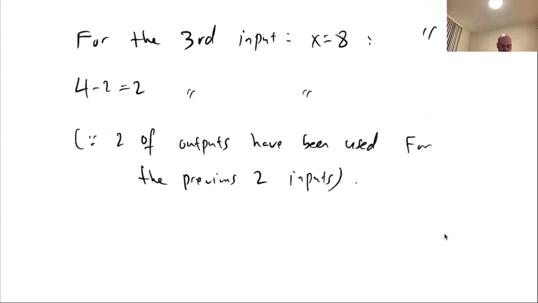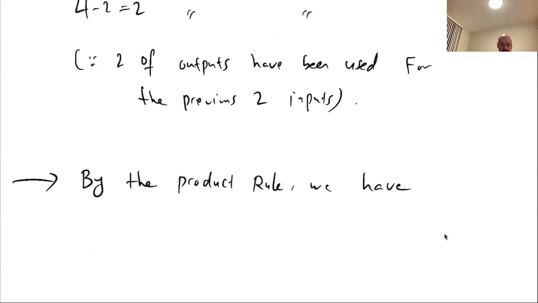So in total, how many? Let's say by the product rule, we have how many options to define our one-to-one function? One-to-one function means a function with no repeated output.